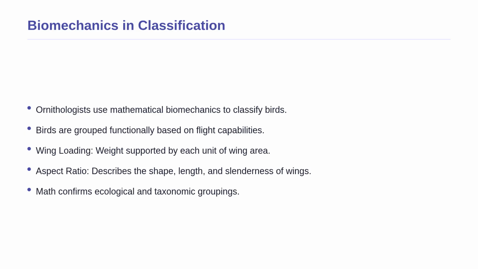Wing loading tells us how much weight each unit of wing area must support, which dictates how fast a bird must fly to stay airborne. Aspect ratio describes the shape of the wing, specifically how long and slender it is, determining aerodynamic efficiency. By calculating these values, scientists can mathematically confirm why a swift belongs to a different taxonomic group than an eagle.